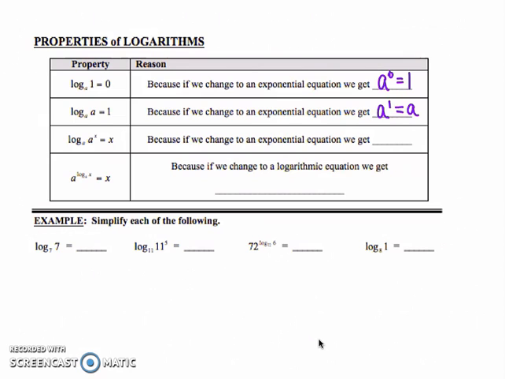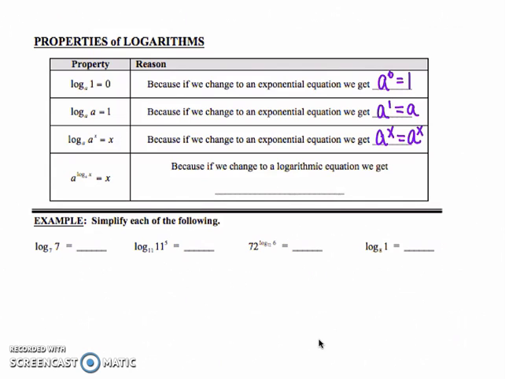Log base a of a to the x power would equal x, because if we change to an exponential equation, we would get a to the x equals a to the x. So that's a true statement. Whenever the base of your log and the number inside of your log are the same, basically they're going to undo each other. And then this next one is kind of the inverse of the previous one.